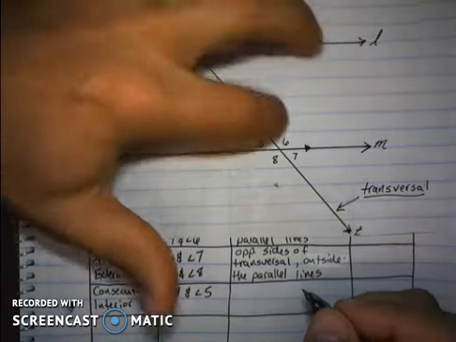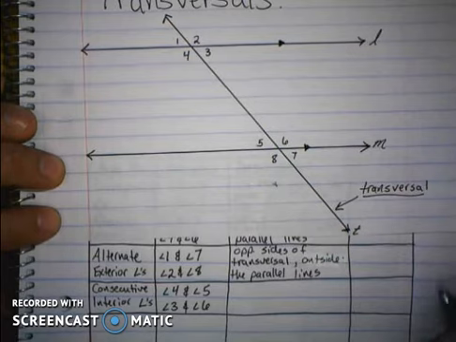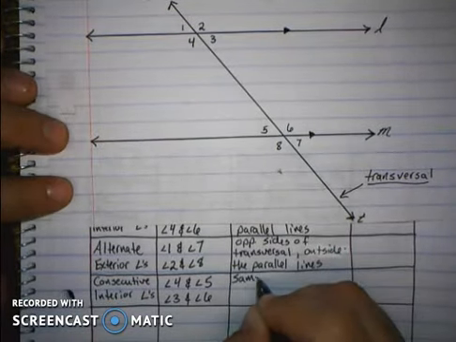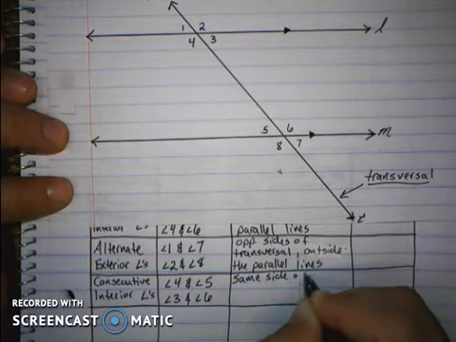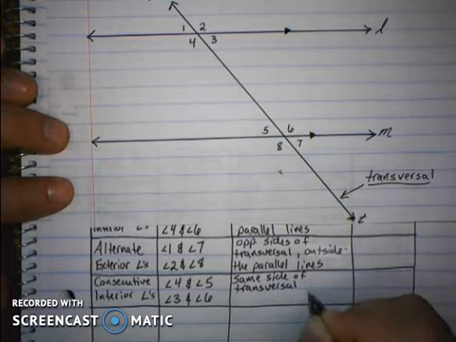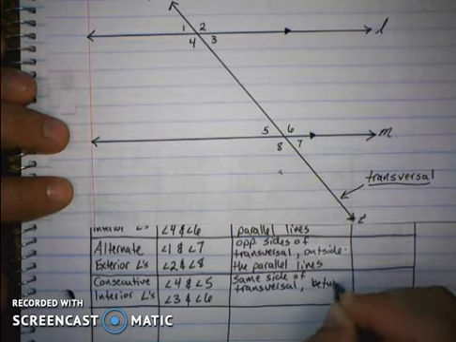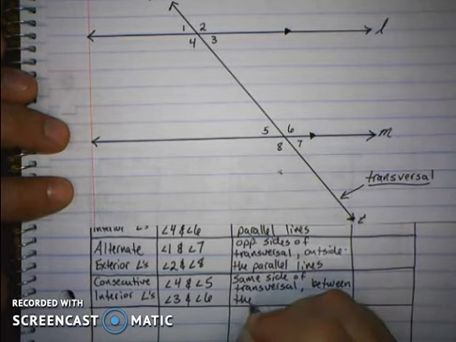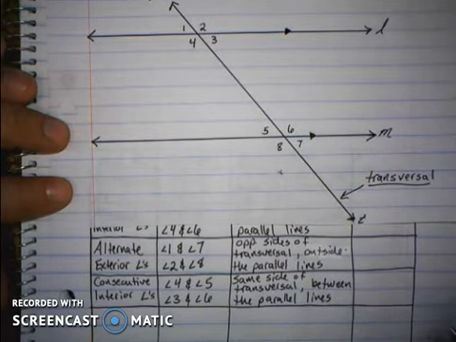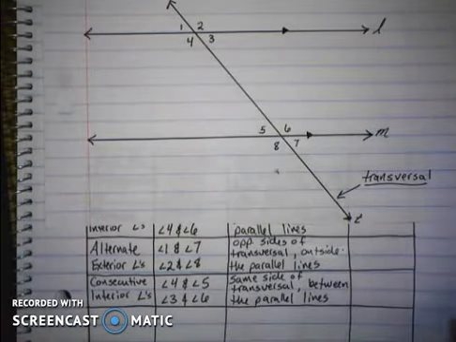All right, and then 3 and 6 are consecutive interior angles. You'll notice that these are on the same side of the transversal. Okay. And they are between the parallel lines. Okay, so they're interior angles again, but they're on the same side of the transversal.